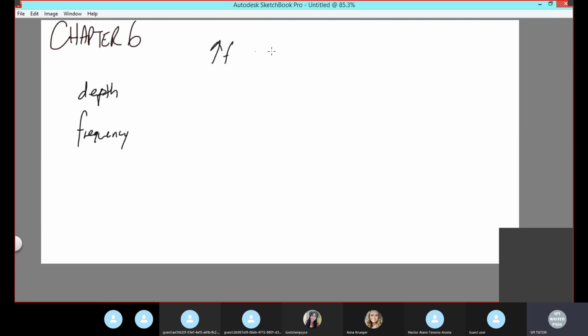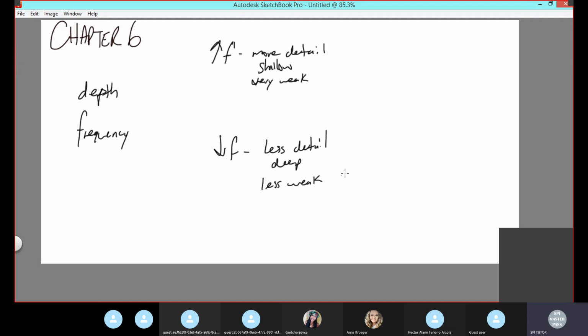If you have a higher frequency, you get more detail, a prettier image, but you have to be shallow because you get very weak. If you have low frequency, you get less detail, but you can go deep because you get less weak, let's just say.